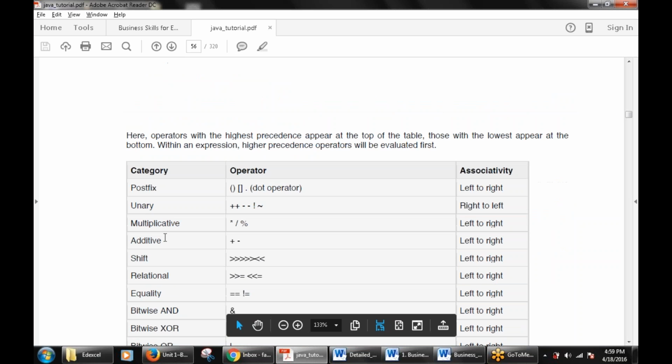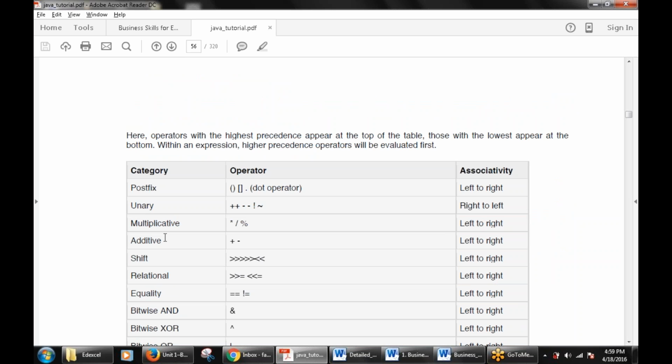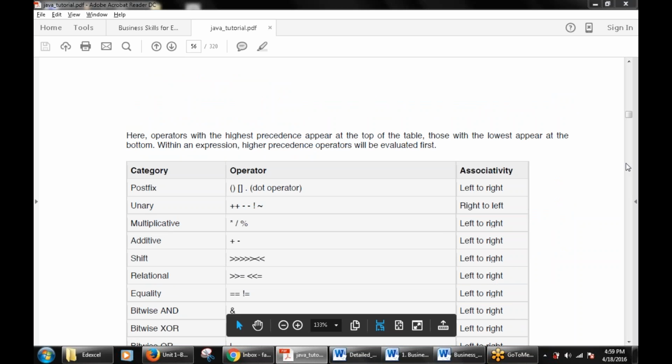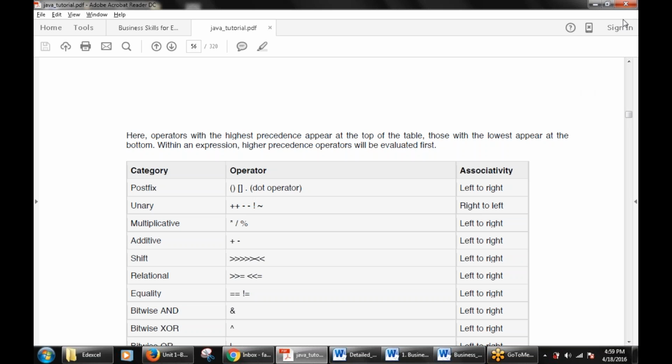Now these are the various categories. This is a table that shows the precedence of Java operators. One is the postfix, the dot operator, that goes from left to right.